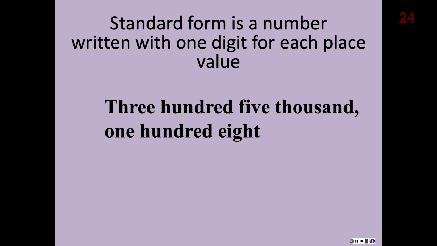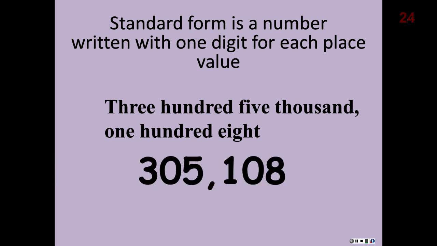Should look familiar. 305. Nope. What's missing? Comma. 305, comma 108. You need to put a comma where the periods are. So that's one that you guys should already know because we just did it.